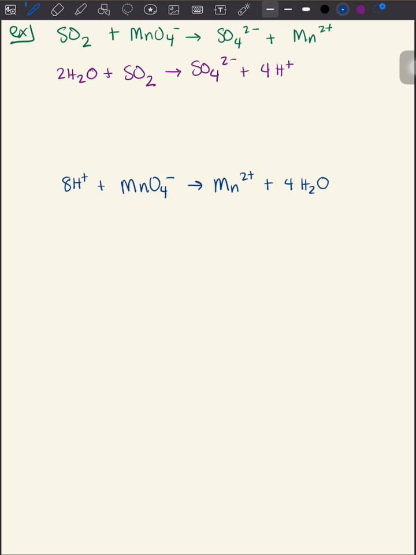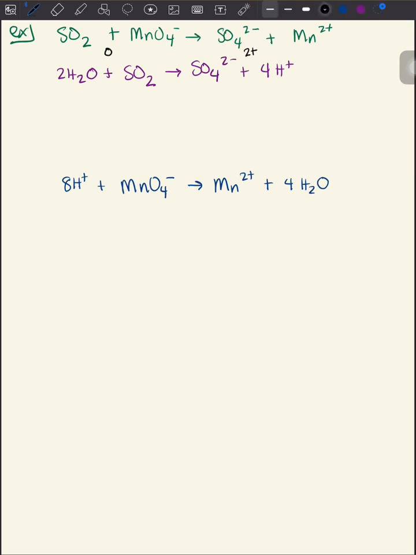Now I need to balance the charge on my reaction. So I noticed that for my sulfur reaction, I have an overall charge of 0 for my reactants and an overall charge of 2+ for my products. And I get that because I have 4 positive things from my hydrogen and a 2 negative from my sulfate. So when I add those together, I get 2+. Now, if I add electrons to balance the charge to my reactant side, I'm only going to ever get a negative number.